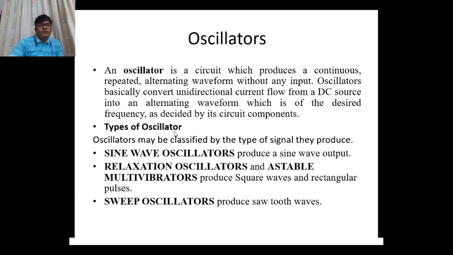There are different types of oscillators. Oscillators may be classified by the types of signals they produce. The sine wave oscillators produce a sine wave output. Astable multivibrators or relaxation oscillators produce square wave and rectangular pulses, and sawtooth waves can be produced by sweep oscillators.